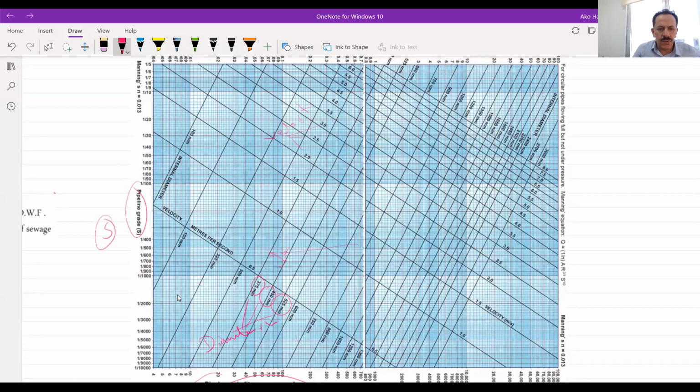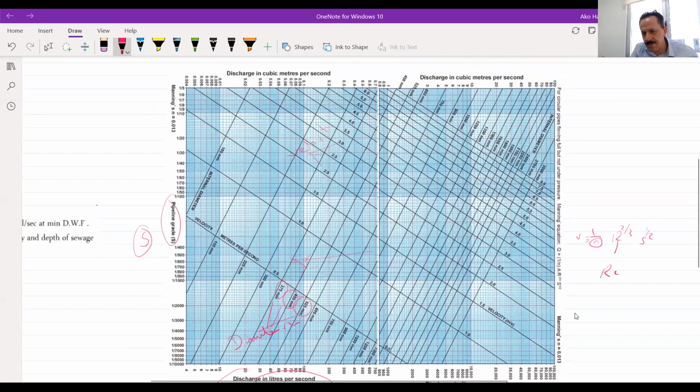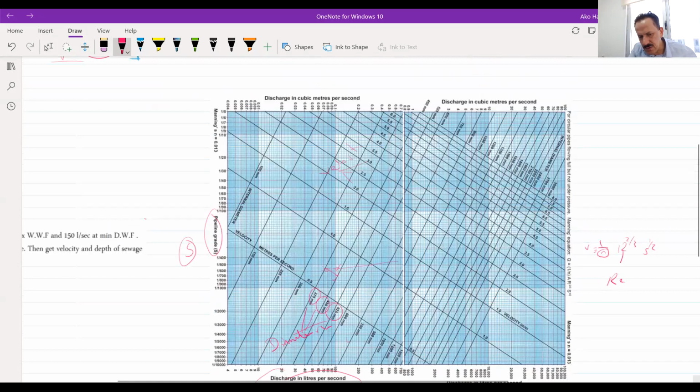Okay, or you can use directly this equation, which is 1 over n, R to the 2/3, S to the 1/2. So you have the n, you have to find the R, which is called the hydraulic radius.